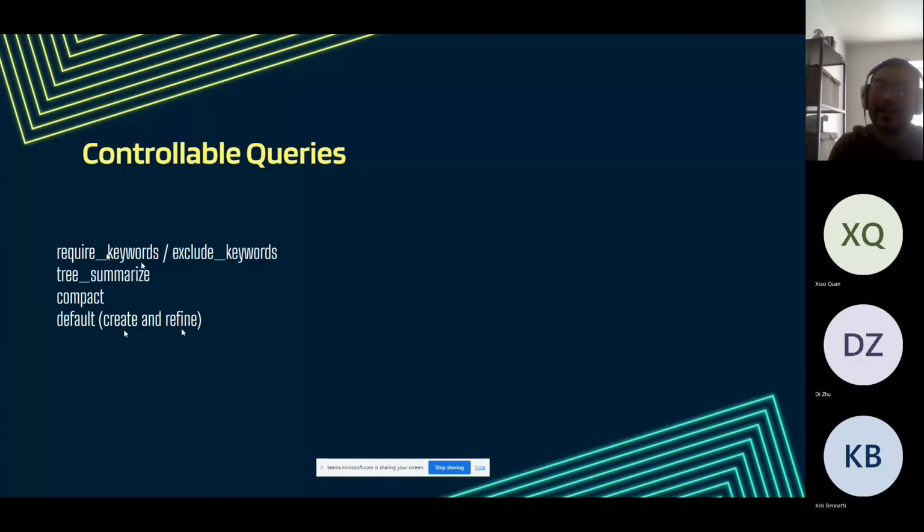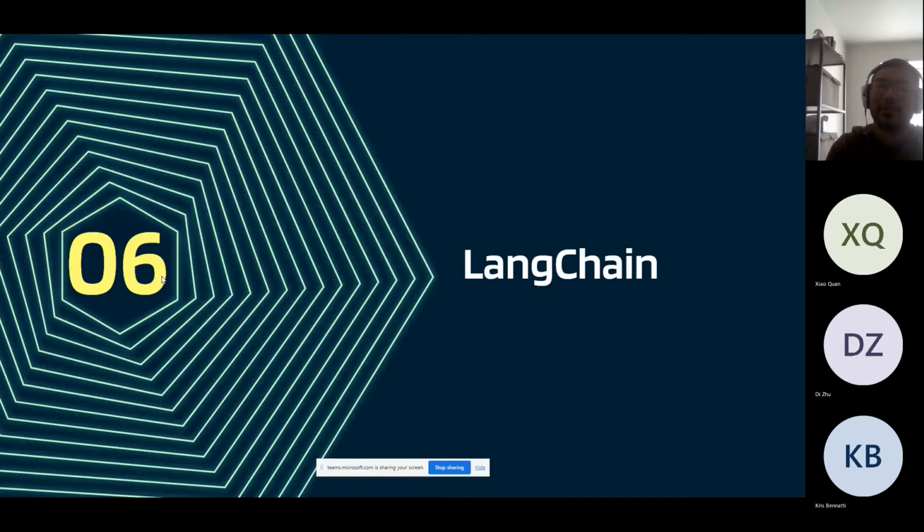The default is the create and refine, which is the one that I explained earlier. But there is also an interesting one called tree_summarize, where it constructs a tree at query time, and basically, that means it generates a summarized version of the output, which is pretty fascinating.